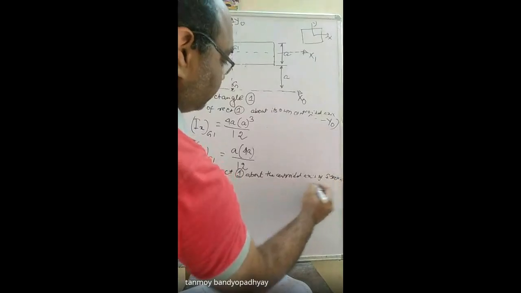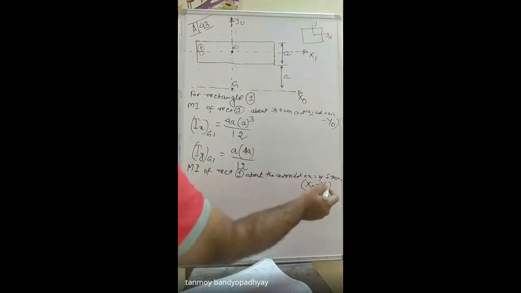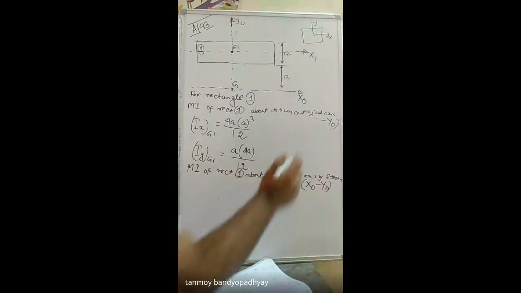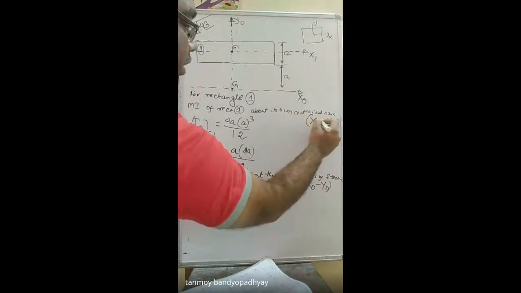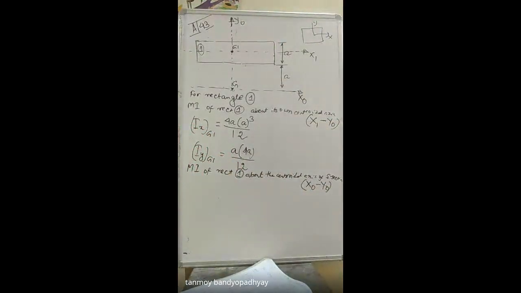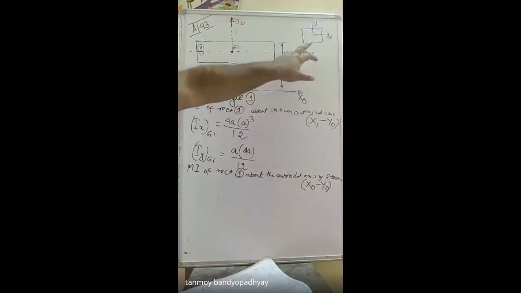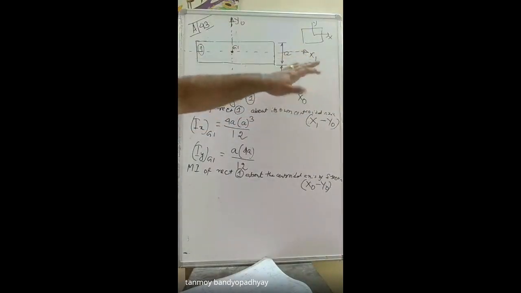So now we are referring to which axis? We are referring to x0 y0. See, y0 remains the same, so you don't have to do anything. Since you are switching x1 to x0, you need to find out the contribution of x1, or what will be the value of the moment of inertia if you switch the axis from x1. So I am trying to rotate this one.